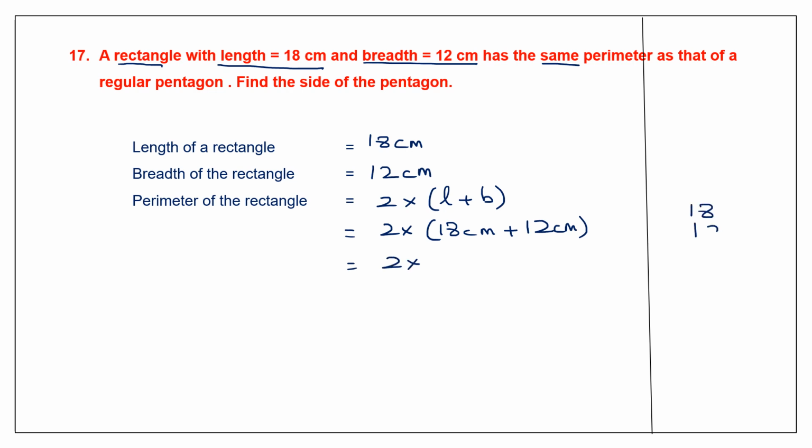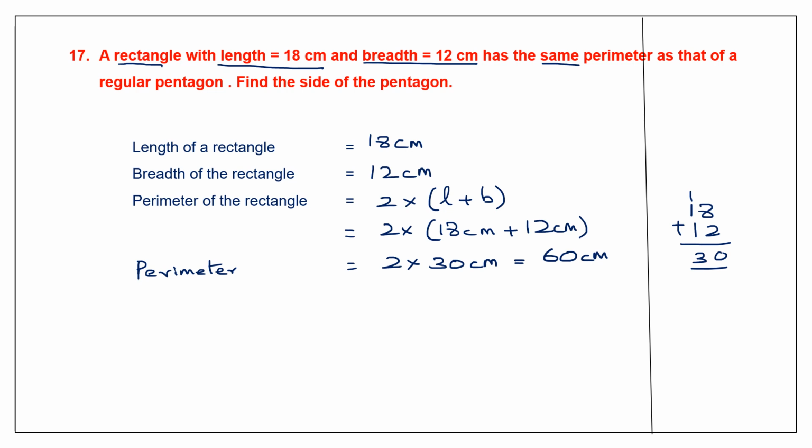Let's add it up. 18 plus 12. 8 plus 2 is 10. Carry 1. We have 3 here. 2 into 30 is 60. So we have 60 centimeters. So the perimeter of the rectangle we have found to be 60.